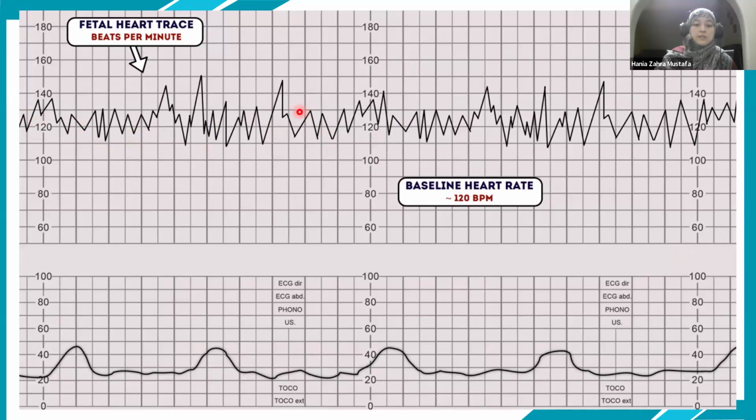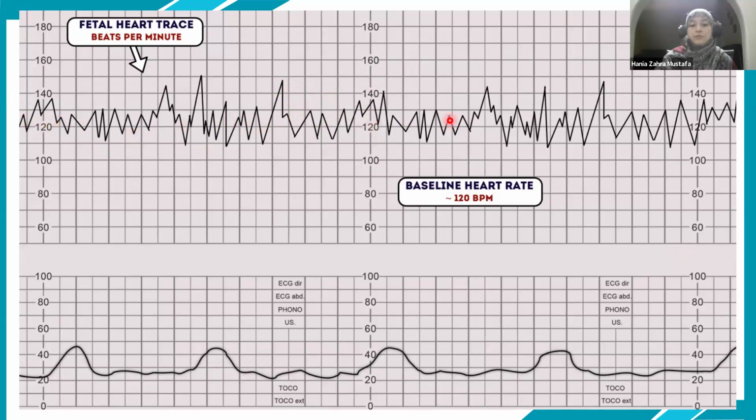So if we see here, one box represents 1 minute in this CTG graph. For this minute, you see that the fetal heart rate is about 150 beats per minute, and in this instant, it is about 130 beats per minute.